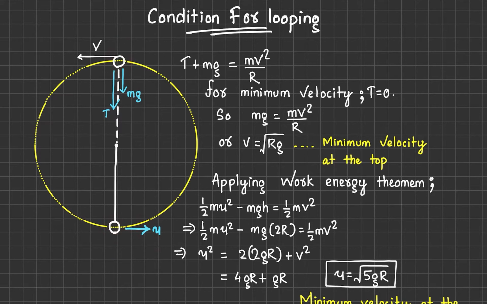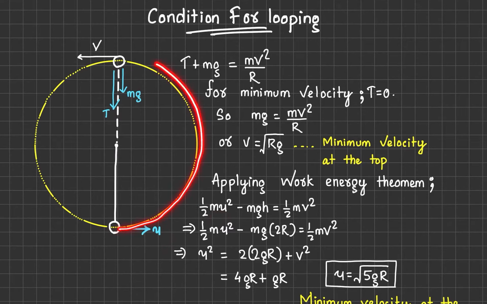Now as we know, the tension does not do any work, so there is only one force involved, which is our weight force or gravitational force. So indirectly we can say this is in accordance with our energy conservation also. Even though there is tension force applicable at other points, it doesn't do any work. Let's say we are providing velocity u at the bottommost point, so it has some kinetic energy, half m u square.